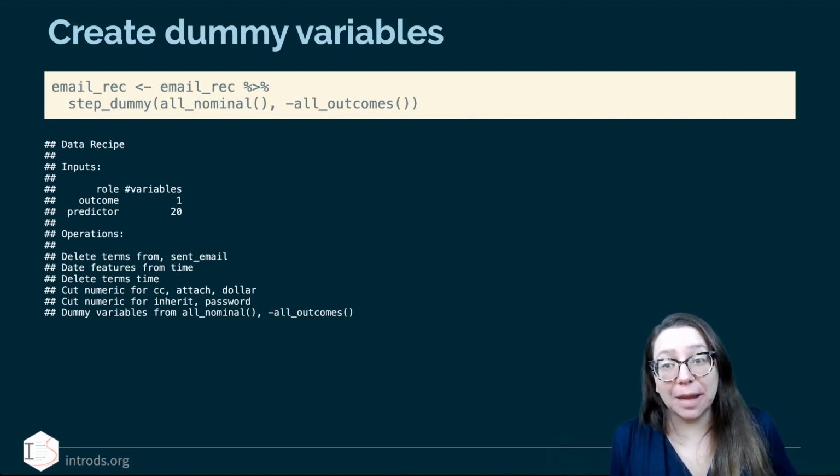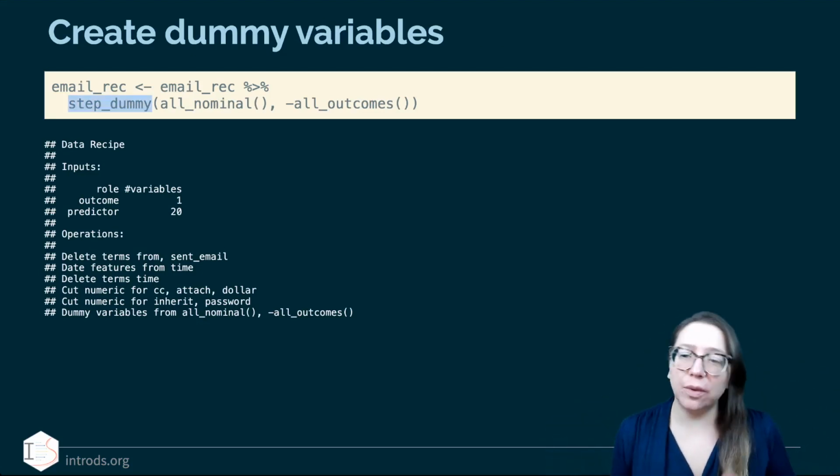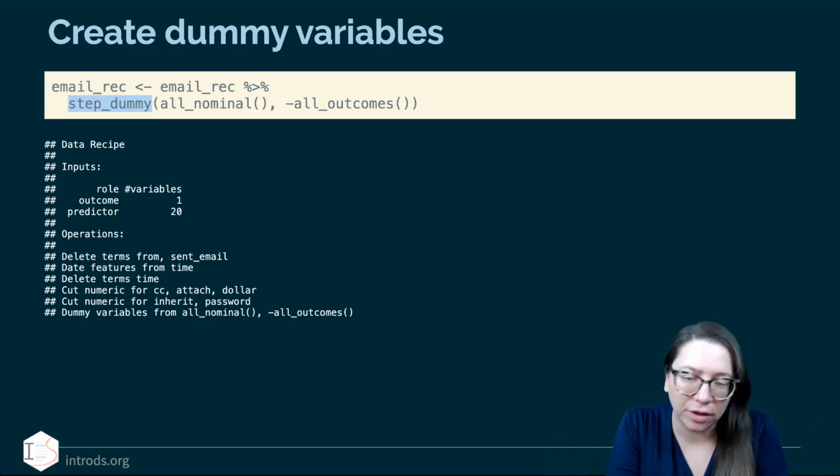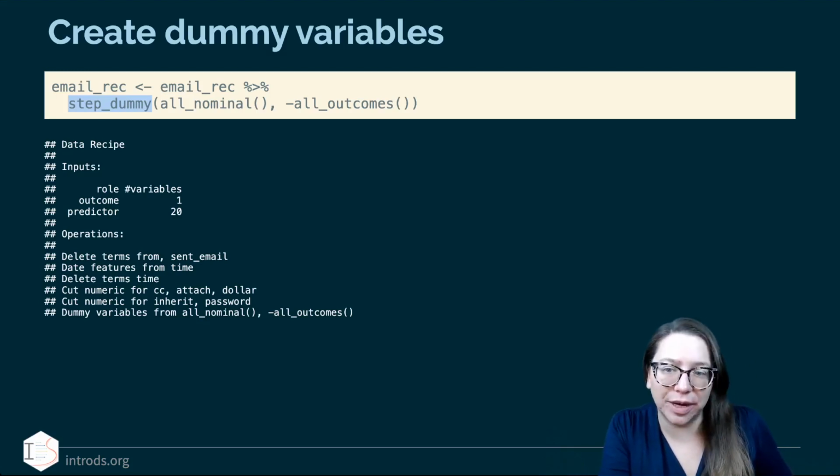So that's step_dummy. Last week when we introduced dummy variables, we said we don't necessarily have to do these by hand. If you're fitting a single model, R will simply do that for you. That is correct, but you might be fitting various different models where sometimes that happens by default and sometimes it doesn't. So as you're creating your recipe to prepare your data for modeling, you might as well create the dummy step as well.